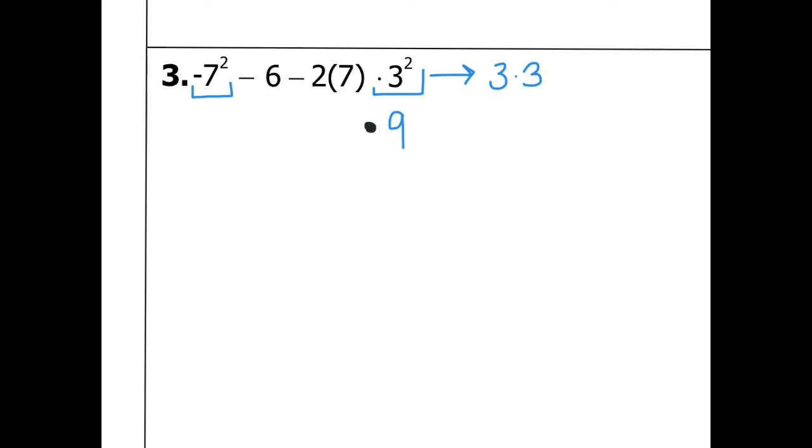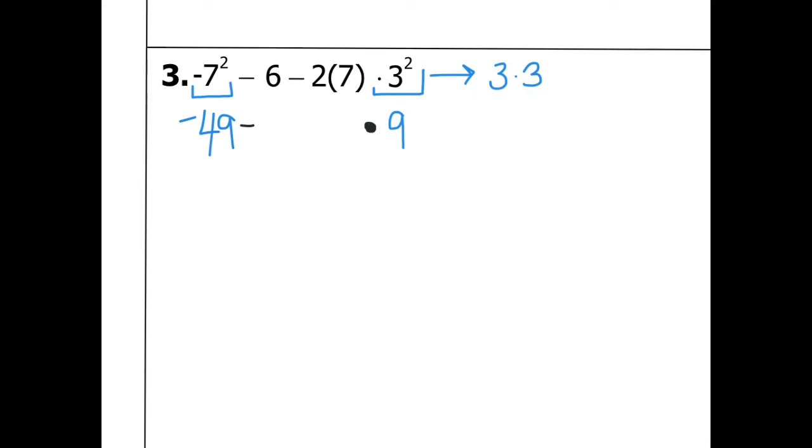That's what this type of symbol tells us. So that means that 7 times 7 is 49, but this negative means my answer should actually be negative 49. So I've dealt with the exponents, the two things that come first.